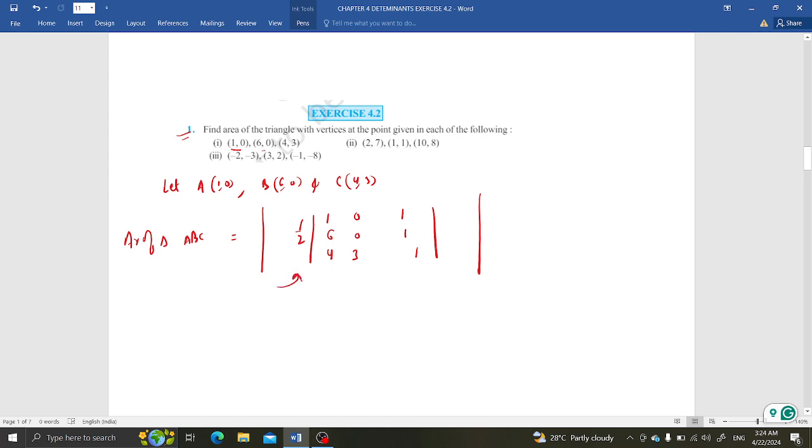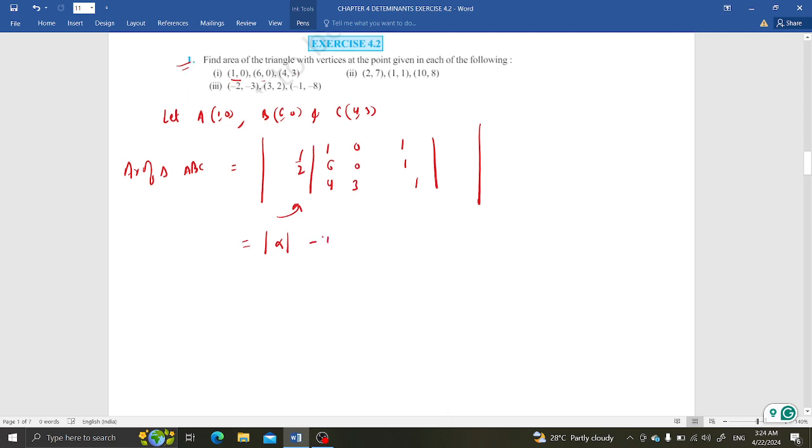Let's evaluate first of all this value, say it is mod alpha. So first of all I will evaluate the alpha value. So what is the alpha value? 1 upon 2 determinant 1 0 1, 6 0 1, 4 3 1.